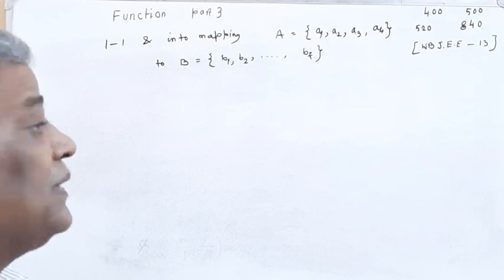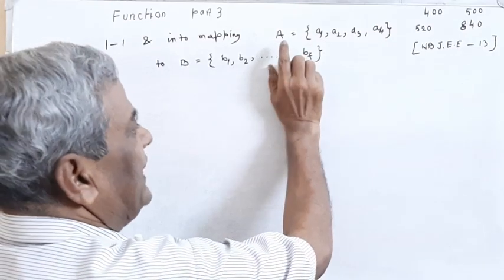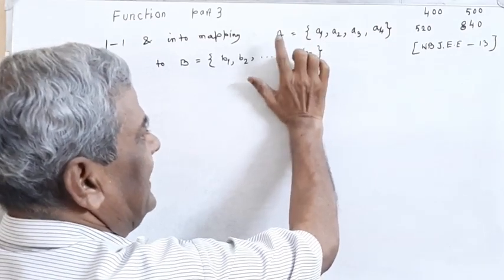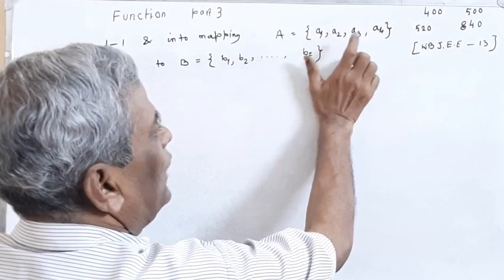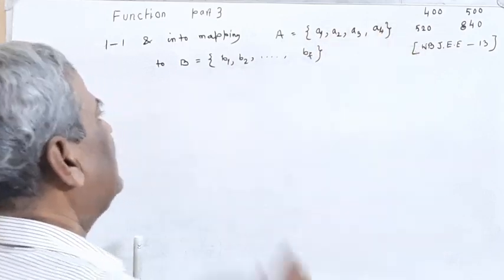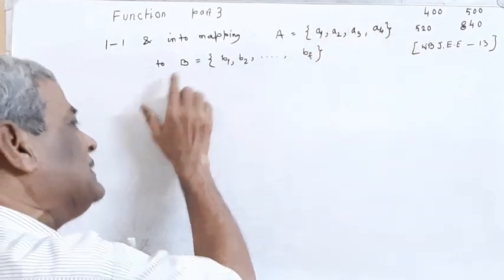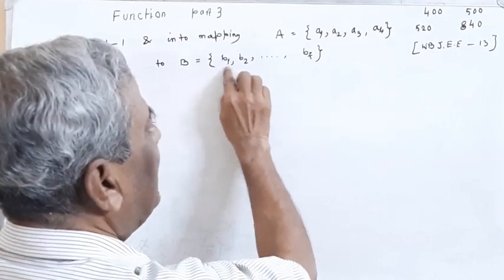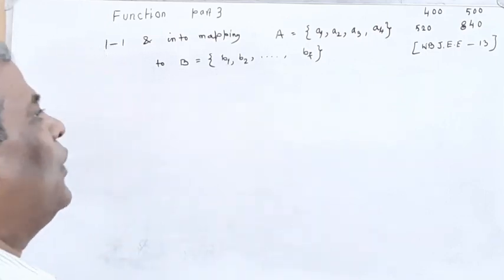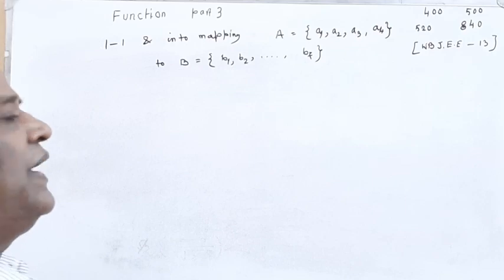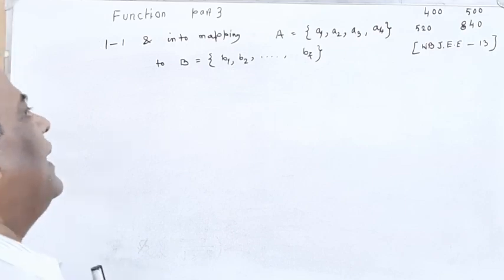Okay, let us see what is the problem. Two sets are given. First set A is equal to A1, A2, A3, A4. 4 elements are there. And set B, 7 elements are there. One mapping is defined. What is that?